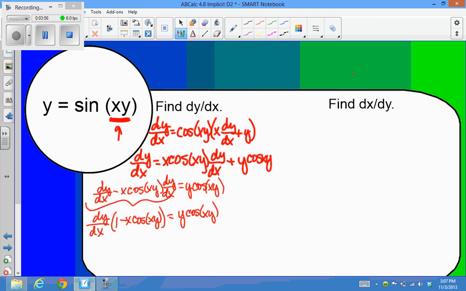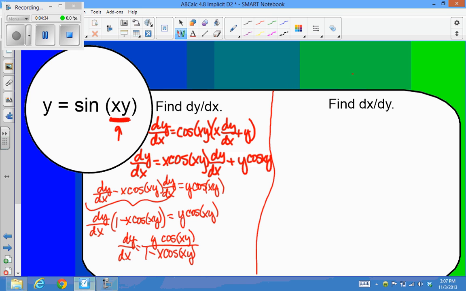From there, I need to divide both sides by this right here, the 1 minus x cosine xy, and when I do that, I am left with dy/dx equals y cosine of xy divided by 1 minus x cosine of xy. And there you go. Easy enough. Y'all have been doing that. Shouldn't be a problem.